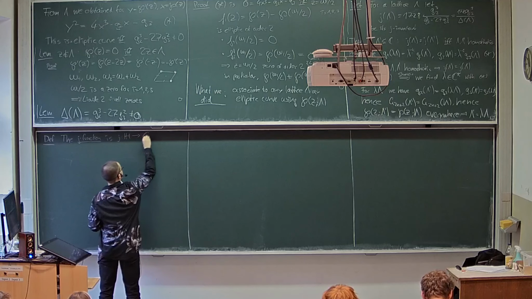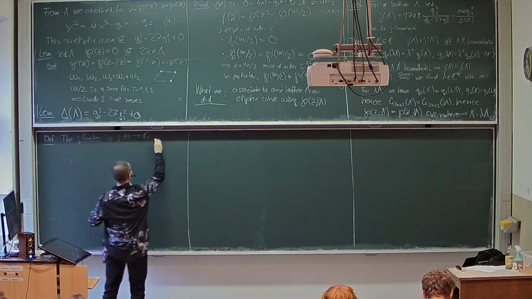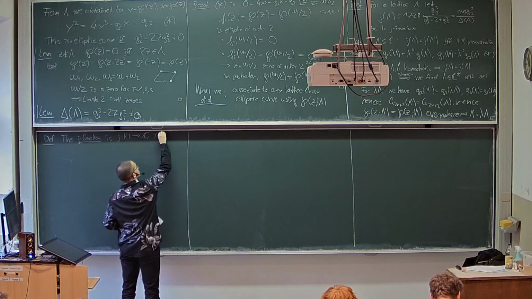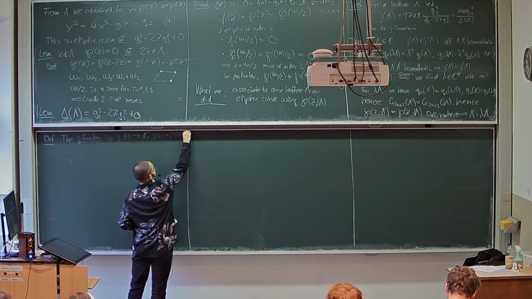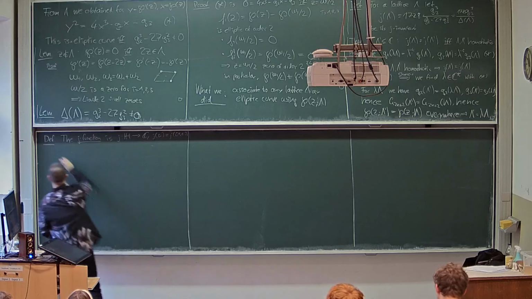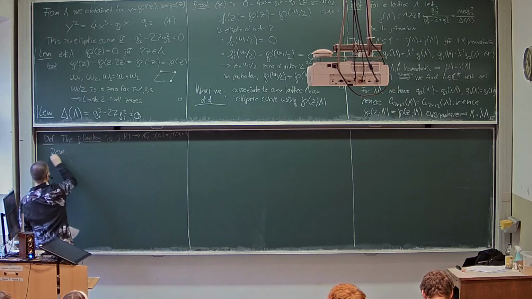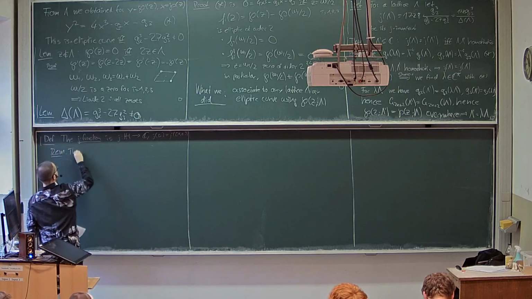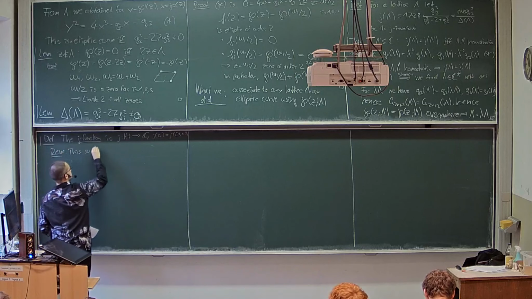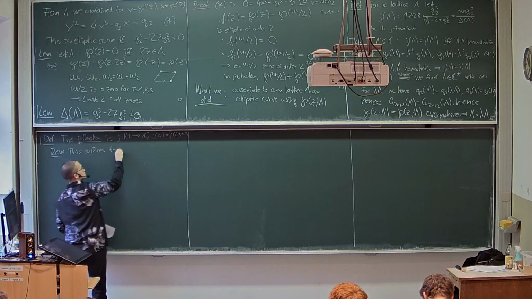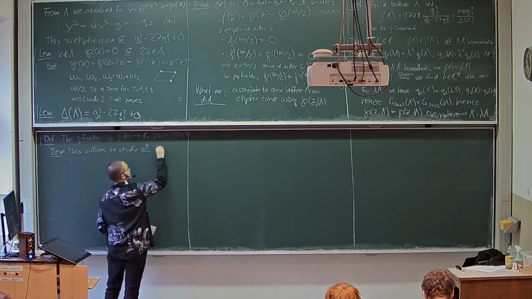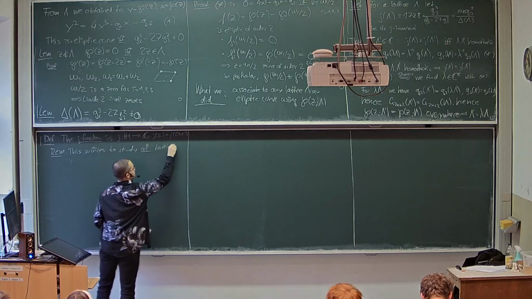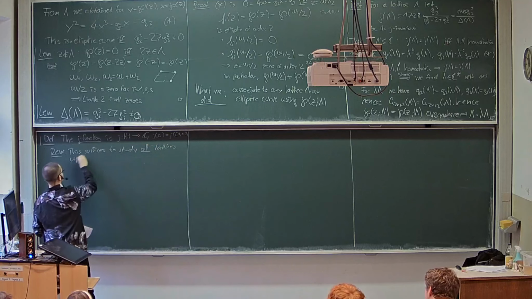We define this J function simply by looking at the lattice a point generates. And as I remarked in the very beginning, this suffices to study all lattices up to homothety.